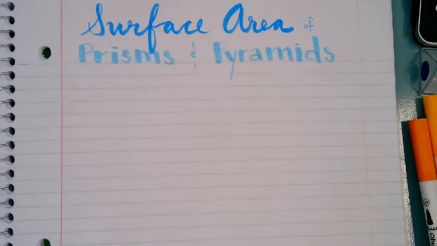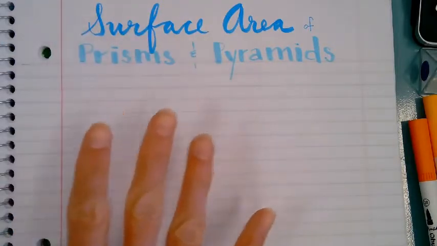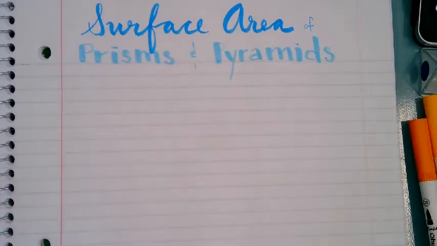Alright, today we're going to talk about the surface area of prisms and pyramids. So we're going to start off with a prism.